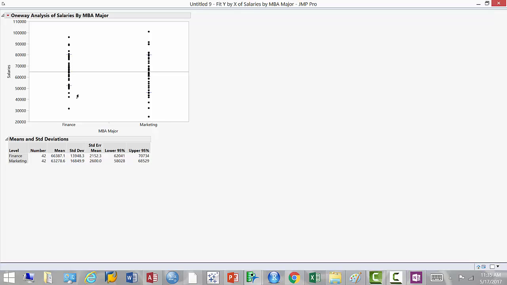We can assume equal variances or we can assume unequal variances, right? So that's a judgment call essentially. You can take a look at standard deviations and say, hey, this standard deviation looks close to this one, or are they horribly different? What do you think? 13,948, so 14,000, versus 16,849.